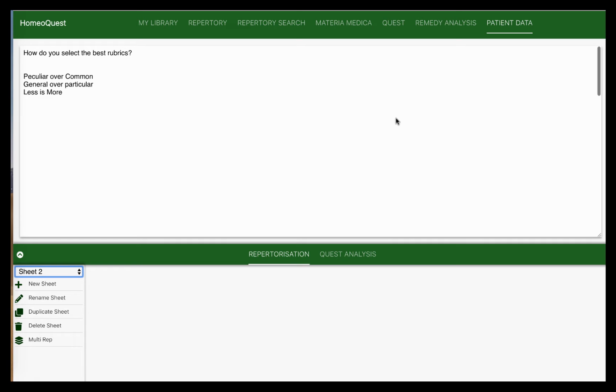Now, there is tons of information on this particular aspect, what's the best way to look at rubrics. And there are three key things which it boils down to. One is you have to choose the peculiars over the common. You have to choose the generals over the particulars, and you've got to pick only the rubrics that represent the key aspect of the case.